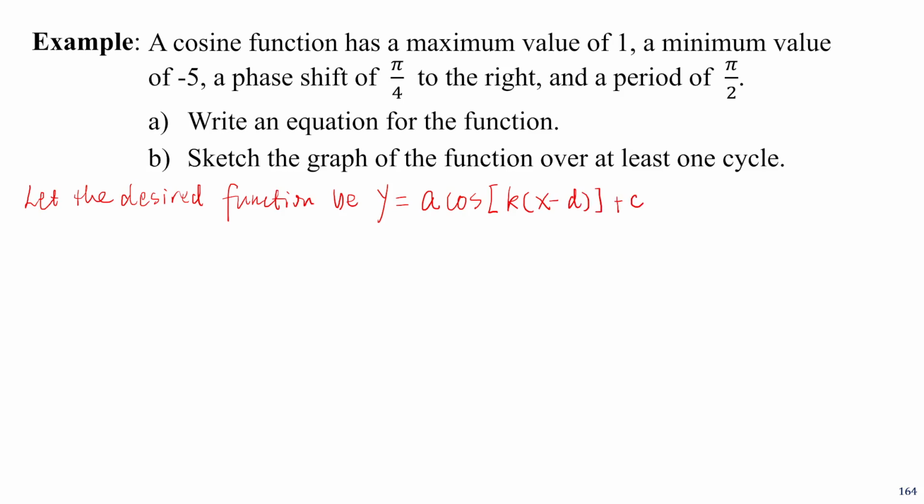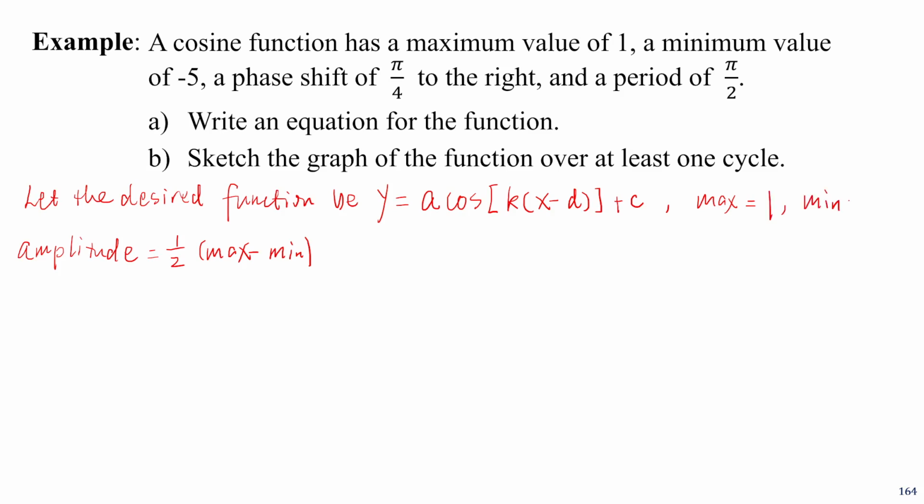Okay, first of all, it gives you maximum value equals 1, minimum value equals -5. So that means we can calculate the amplitude, right? Amplitude equals a half of the maximum minus the minimum. And we know the maximum of that function equals 1.